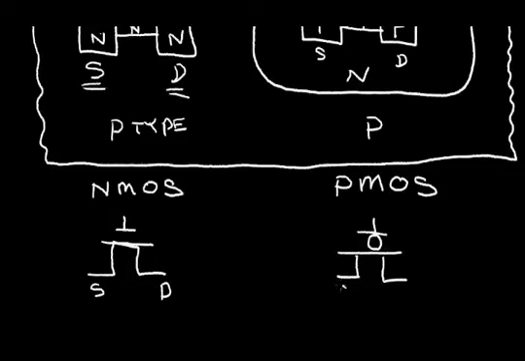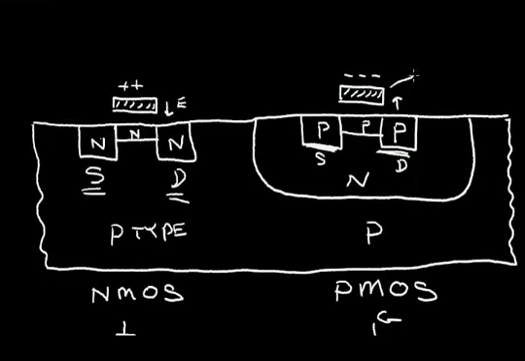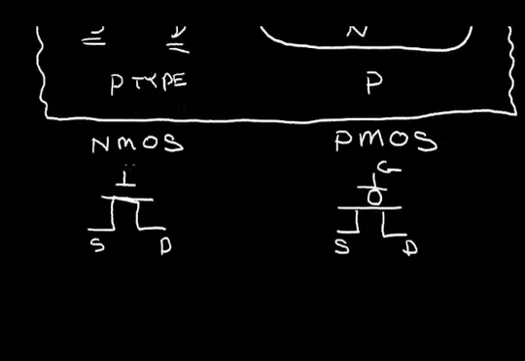If this is a source connection, drain connection, that corresponds to this source and this drain. This is my gate material. That corresponds to this, and the Nmos has a gate material here. That corresponds to this connection.